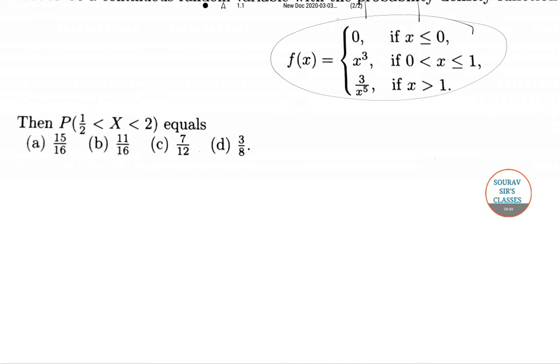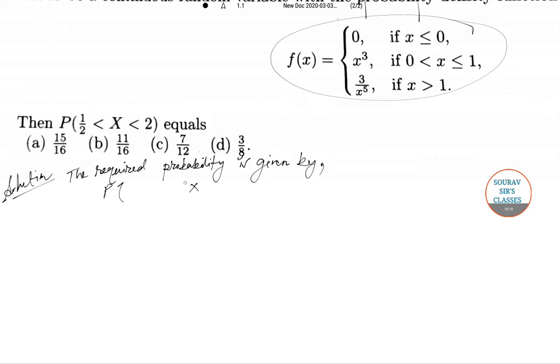The required probability is given by probability X from half to 2, and we are given the PDF, so we are to just integrate from half to 2 f(x) dx.